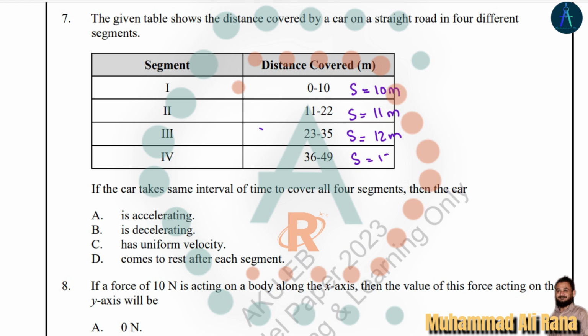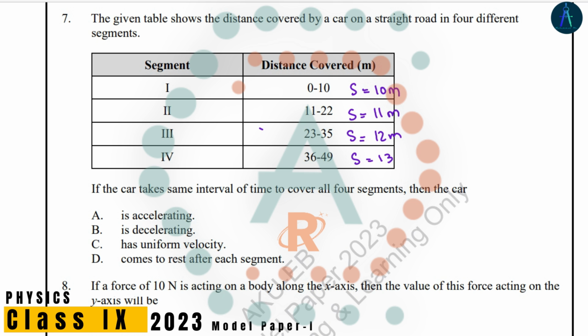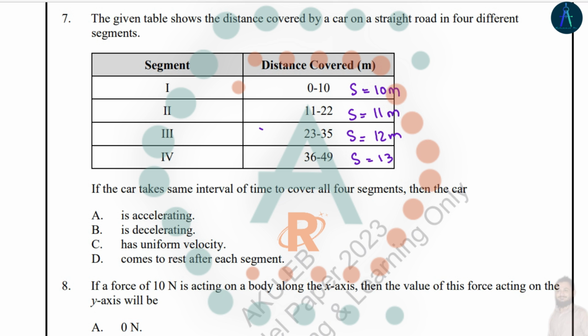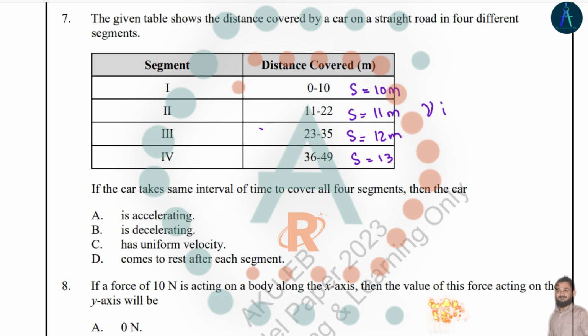So in each segment, the body has covered more distance. If the car takes the same interval of time to cover all the four segments, so as we can see, each segment is of equal interval of time. So increasing distance in the same interval of time means that the velocity of the body is increasing.